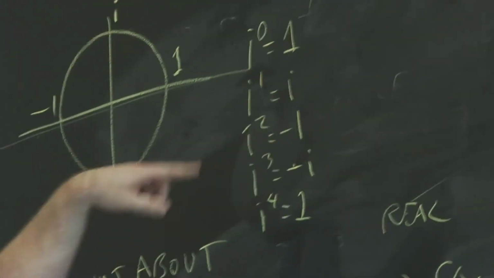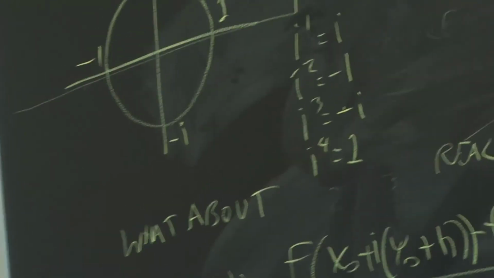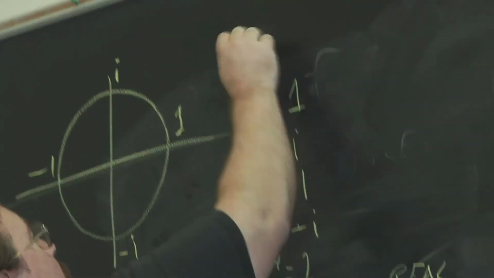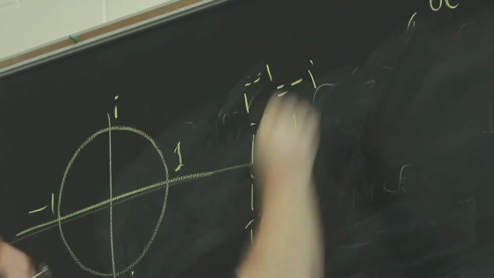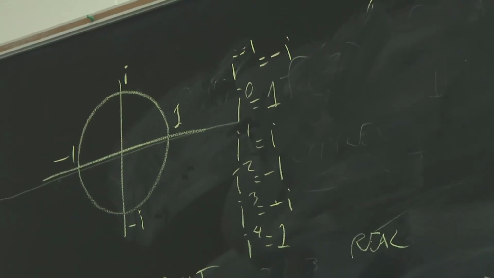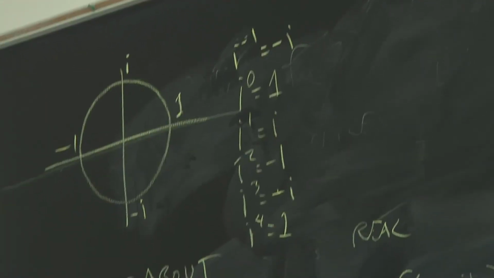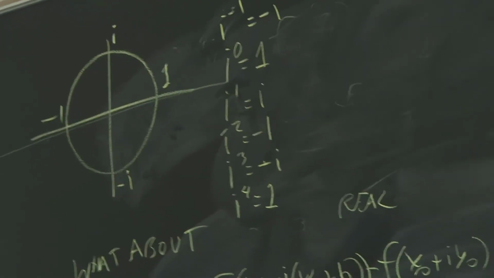So exponentiation is taking you around a circle. Okay. So i to the minus 1, so now you're going the other way. The cycle holds for negative exponents too. It's kind of strange. So if you do like i to the 1.5, then that's valid?